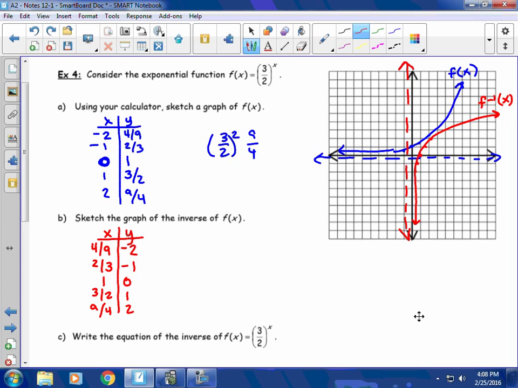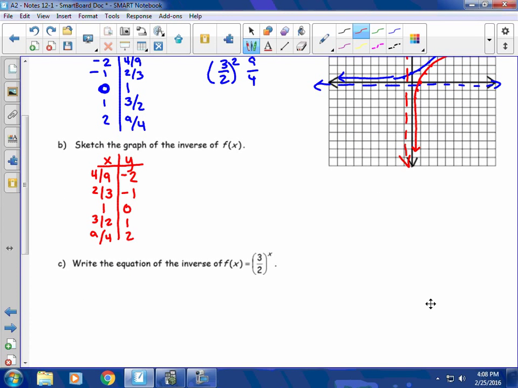All right, and last thing, write the equation of the inverse of f of x equals (3/2) to the x. Here we go. First step, y equals (3/2) to the x. Second step, switch x and y. x equals (3/2) to the y. Third step, take log base 3/2 of both sides.